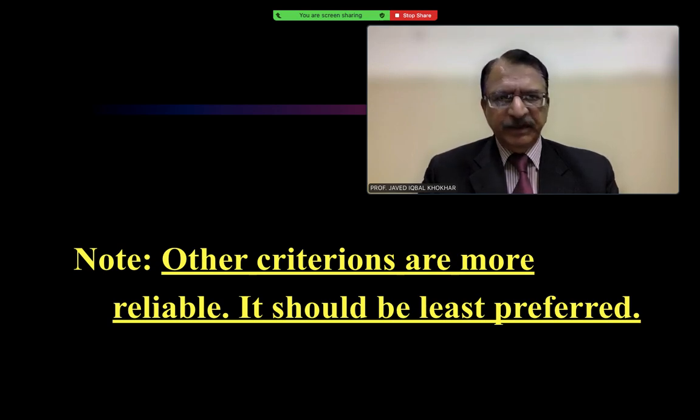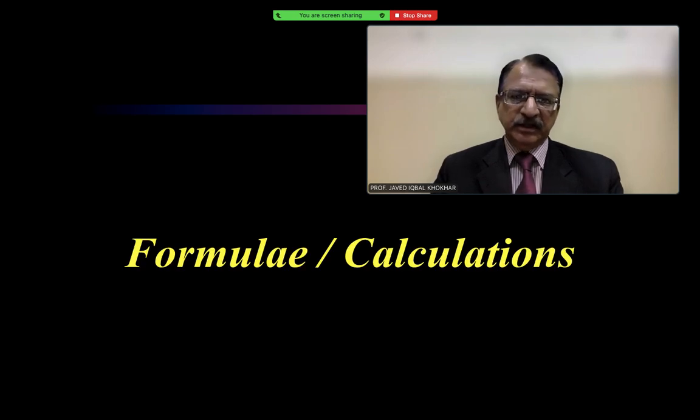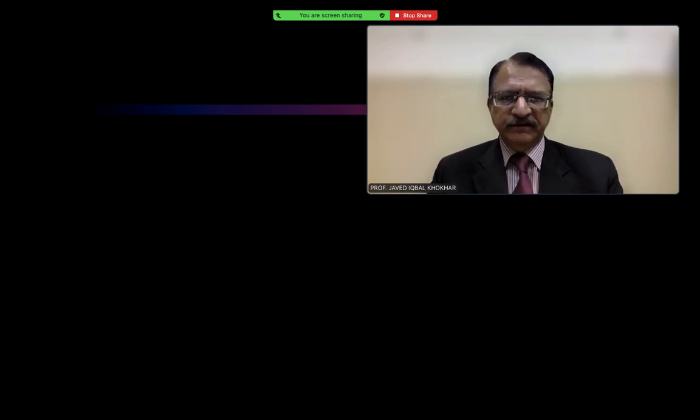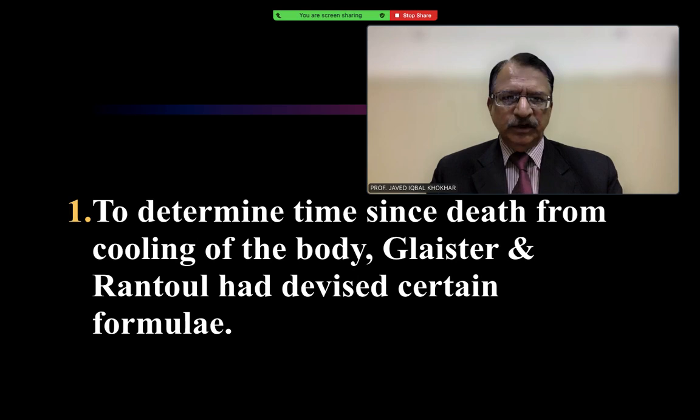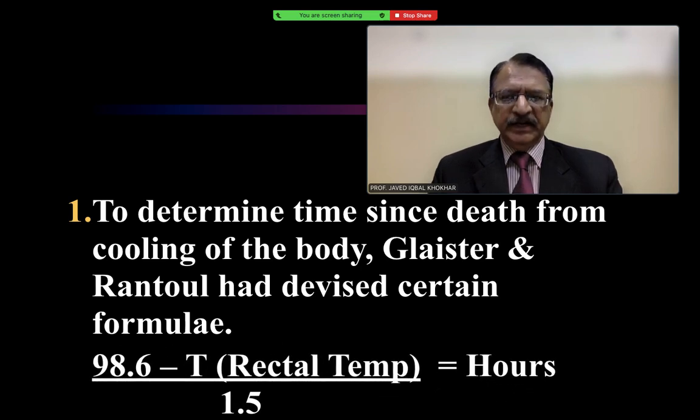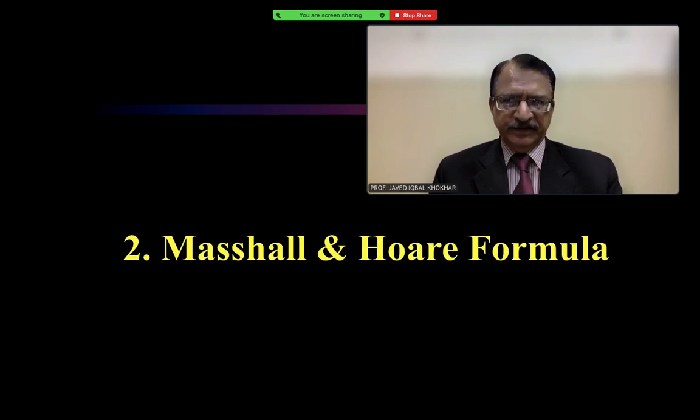Temperature for estimation of time since death is not as reliable a criterion as others. Different formulas have been devised to determine the time. Glaister and Rentoul devised a formula: 98.6 degrees minus the rectal temperature, divided by 1.5, will give you the hours.